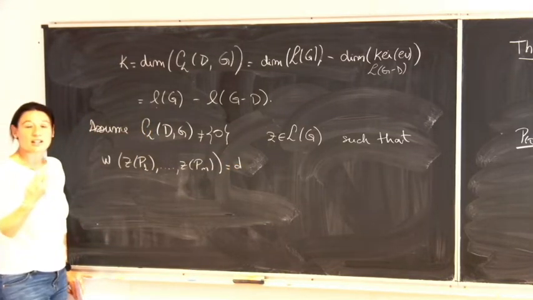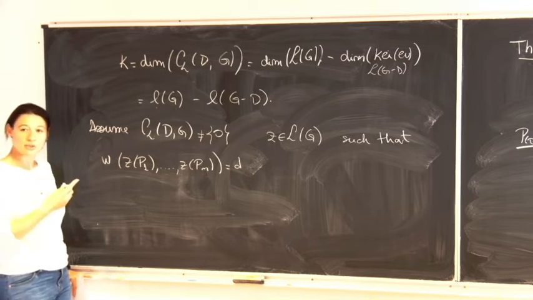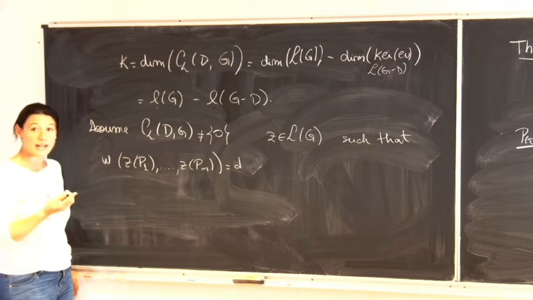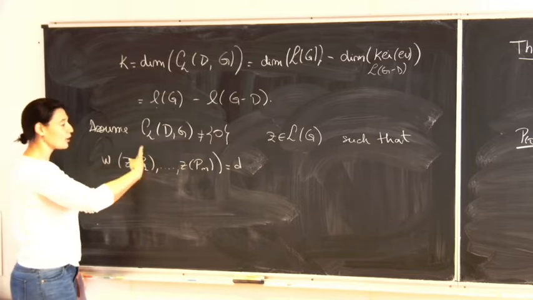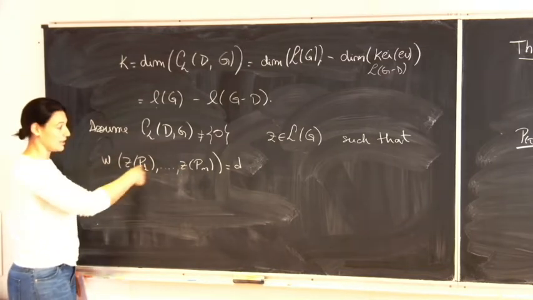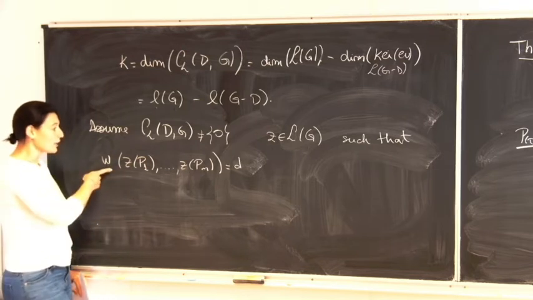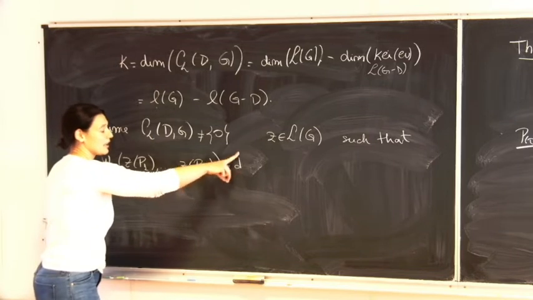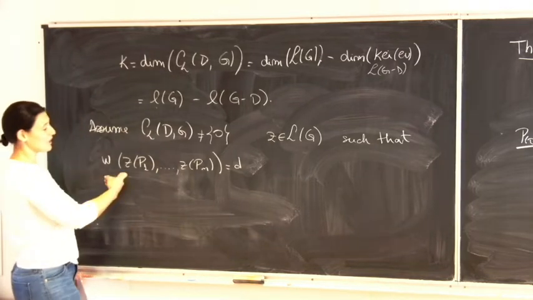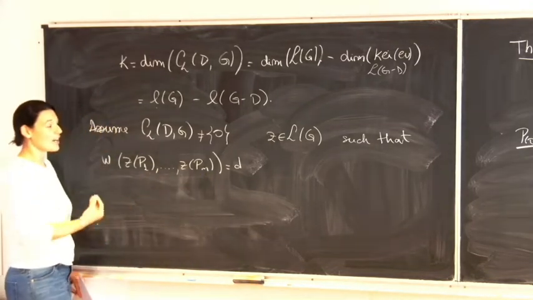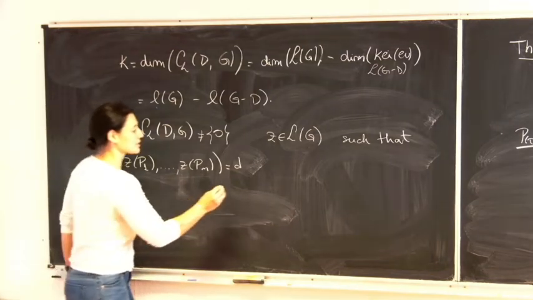Recall that in our first session, we said that for linear codes, the minimum distance was exactly the same as the minimum weight, where the weight of a word was defined as the number of non-zero elements inside the word. So if this word attains the minimum distance of the code, then what I'm saying is that in this word I have D non-zero coordinates and n minus D 0 coordinates.